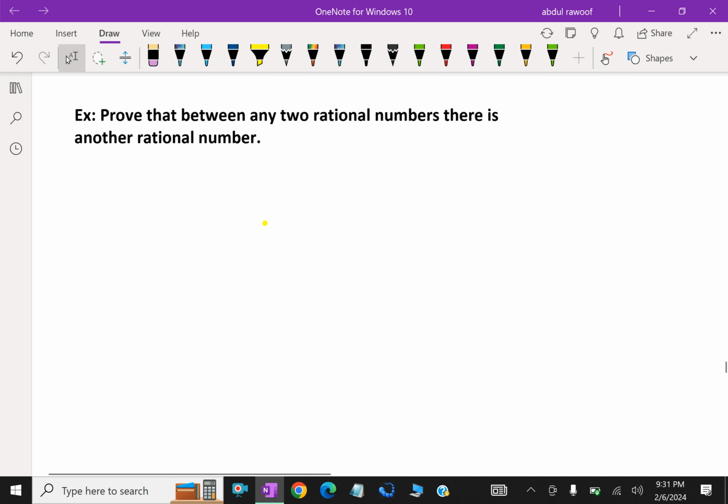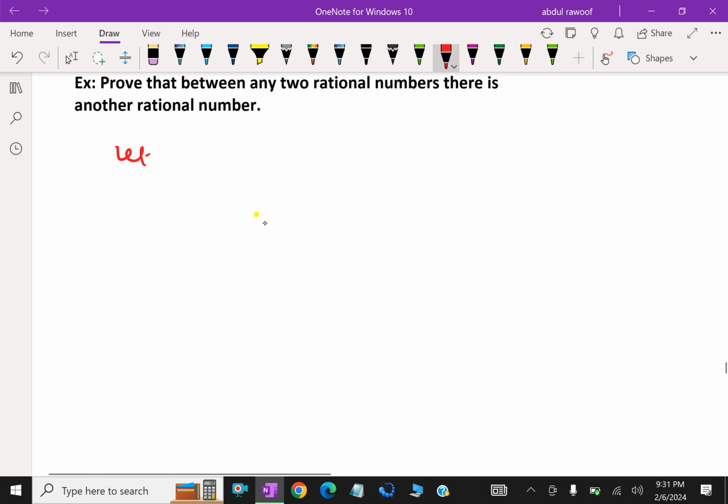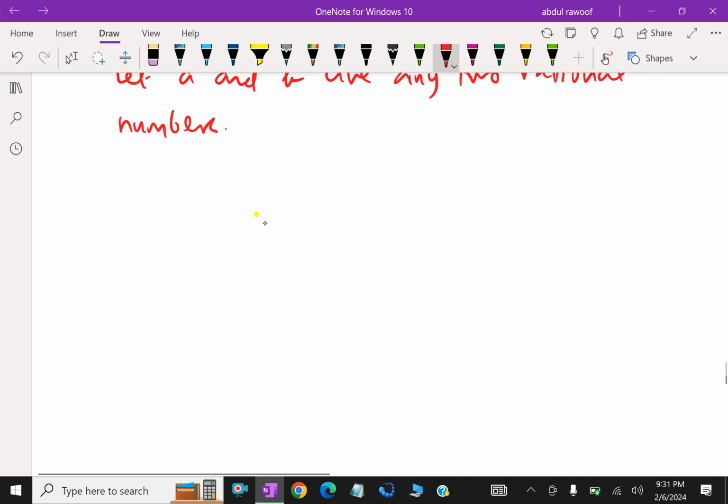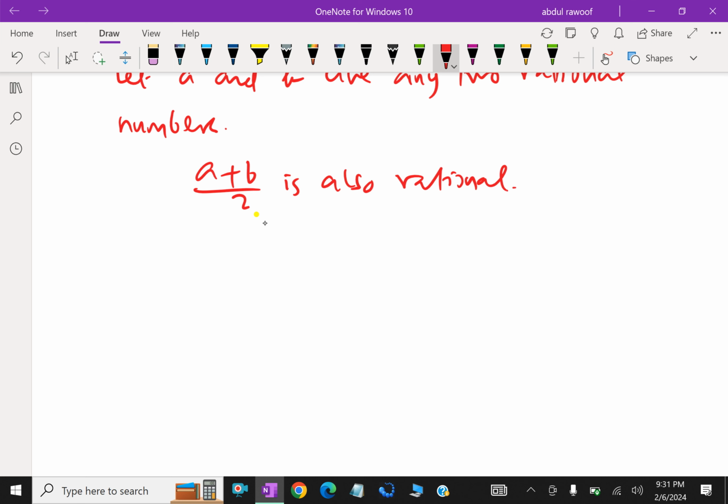Therefore, now let A and B be any two rational numbers. Now, division, that is A plus B by 2 is also rational.